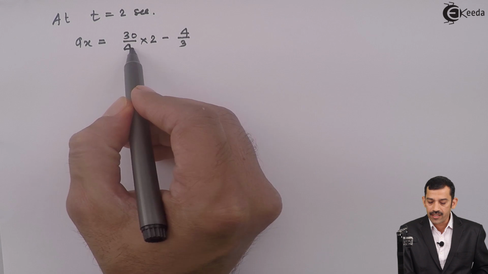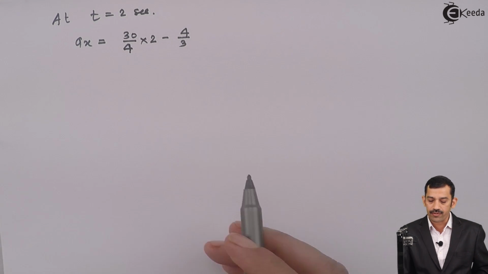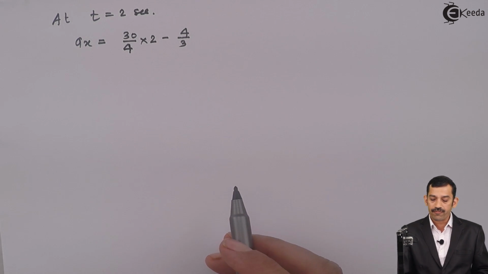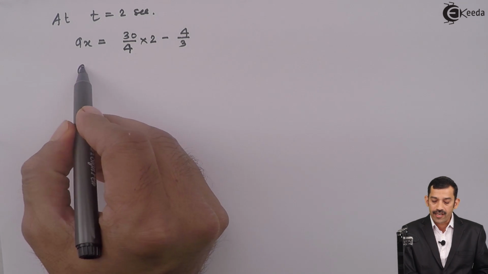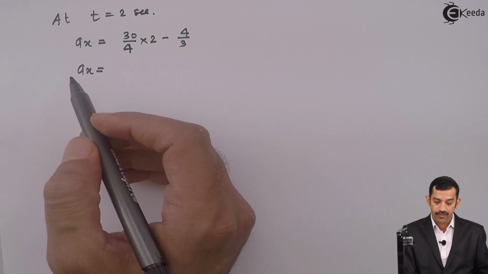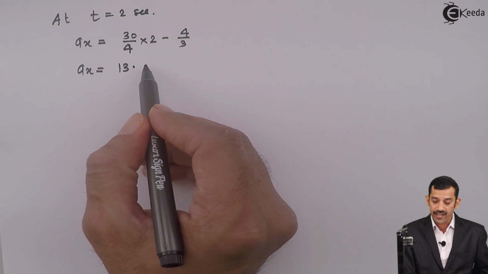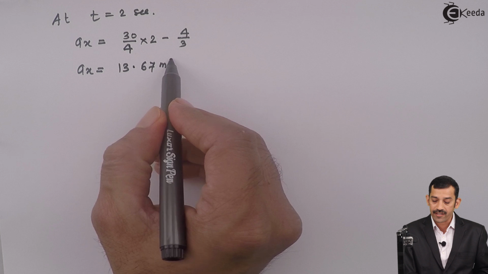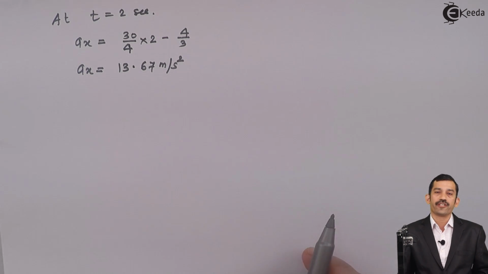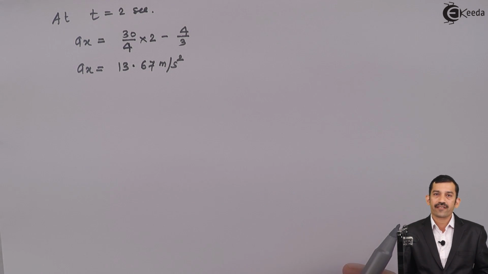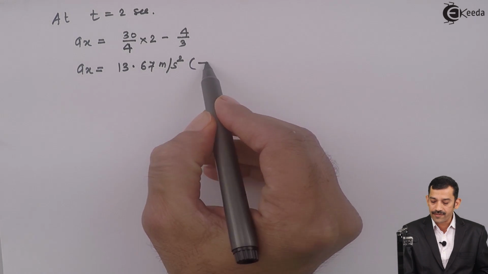Using a calculator, the component of acceleration Ax comes out to be 13.67 meters per second square. The answer is positive, that means Ax is directed towards the right.